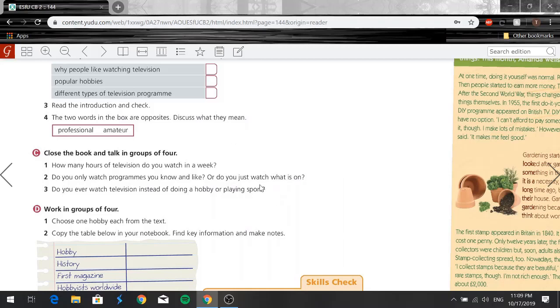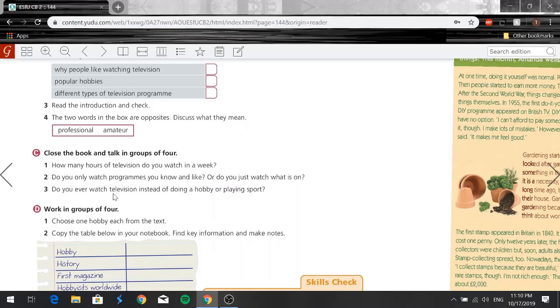They just sit on the couch and forget whatever they're watching, and they're using it as background noise, or basically just watching it as is. They don't care about what is on. So yeah, I do know both people. It's just that for me personally, I would always watch programs that I know and like, not just anything that is on. Okay? And 3, do you ever watch television instead of doing a hobby or playing sport?